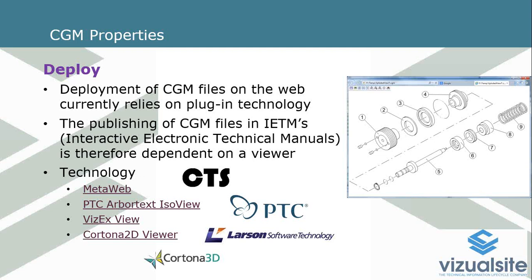There are again some technologies here that allow you to do that, because, as I said at the very beginning, you need a plug-in technology to distribute on the web. So there are some technologies here, you've probably heard of them, like IsoView and VizXView, Cortona's 2D Viewer, MetaWeb. So there are others out there as well. I didn't have really time to go through all of them, but I think those are the prime ones that are being used on the market today.